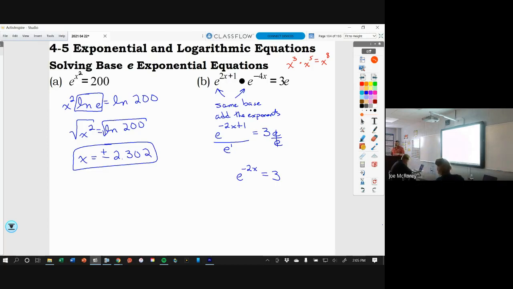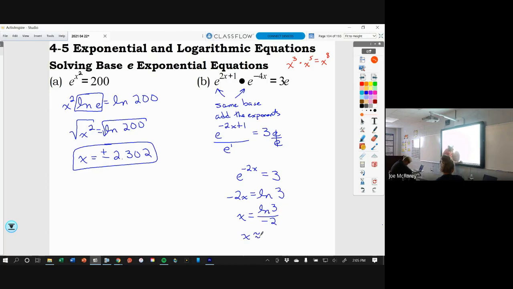Now we use a log. Now we'll take the natural log of both sides. Natural log of e is 1, so it cancels. I get negative 2x equals natural log of 3. I want x by itself, so divide by negative 2. So x equals natural log of 3 divided by negative 2.